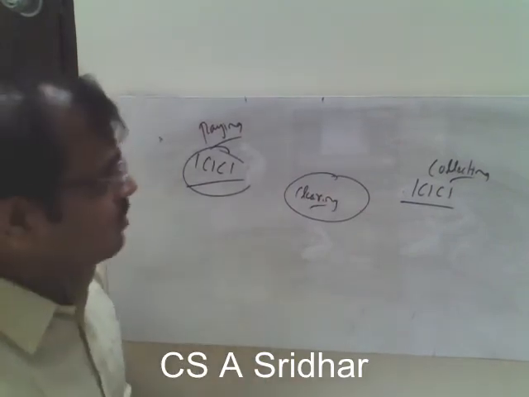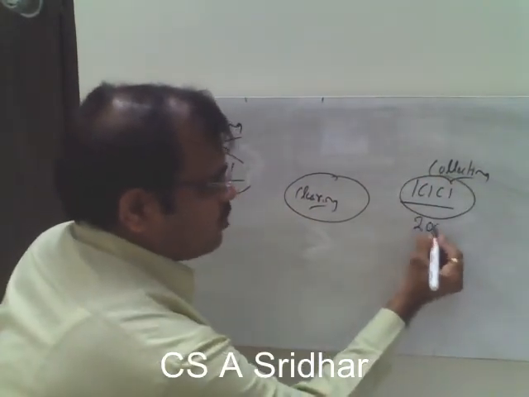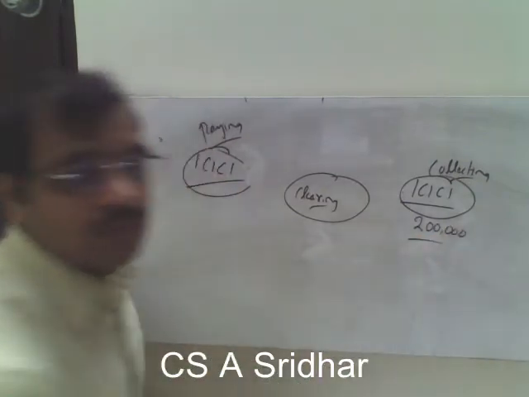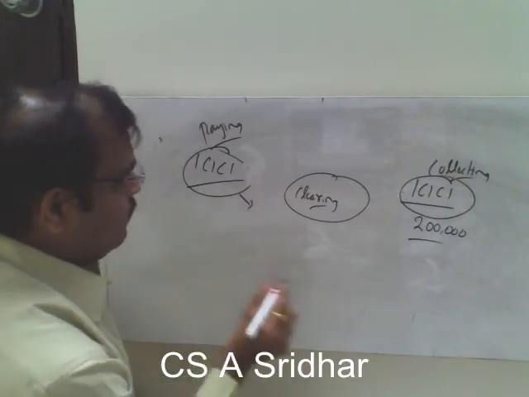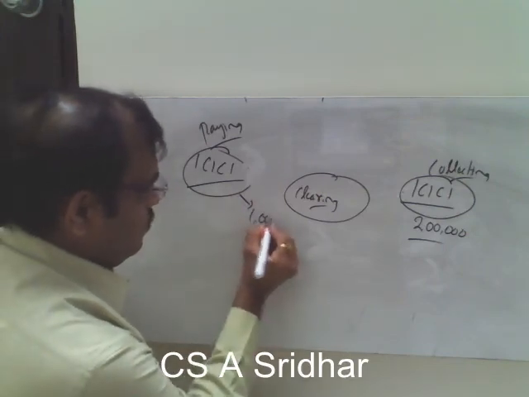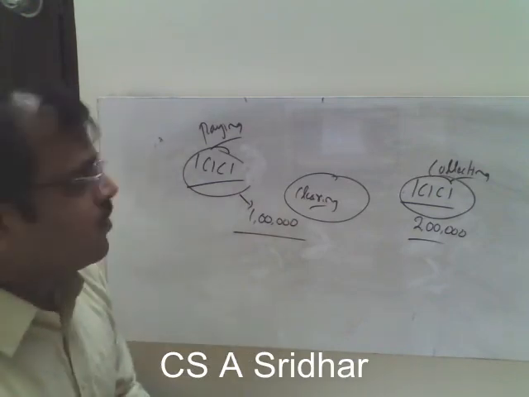Here what they can do is, ICICI Bank as a collecting banker is supposed to receive 2 lakh rupees, and as a paying banker, they are supposed to pay 1 lakh rupees.